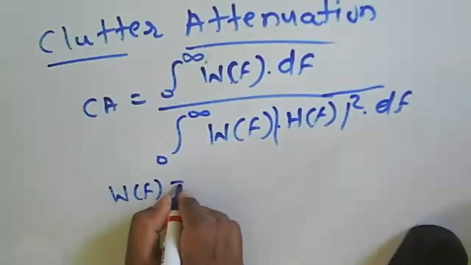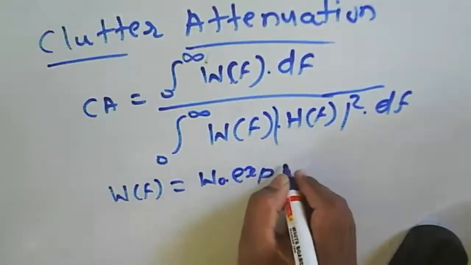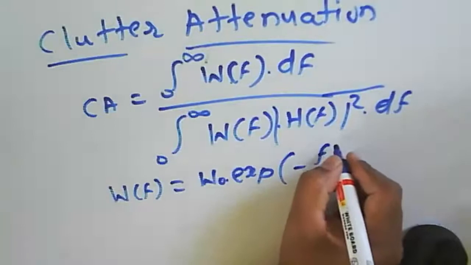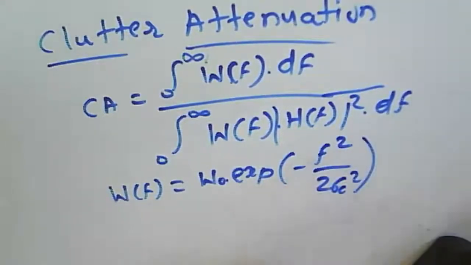Earlier we have seen that W of F is equal to W0 exponential of minus f square by twice sigma c square.